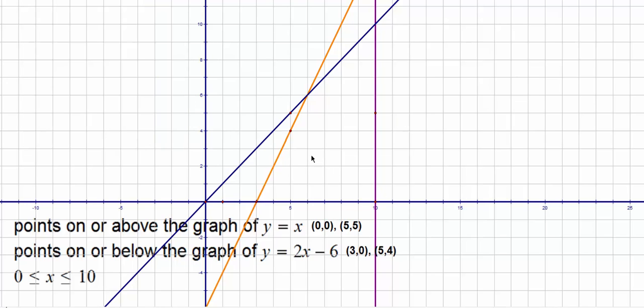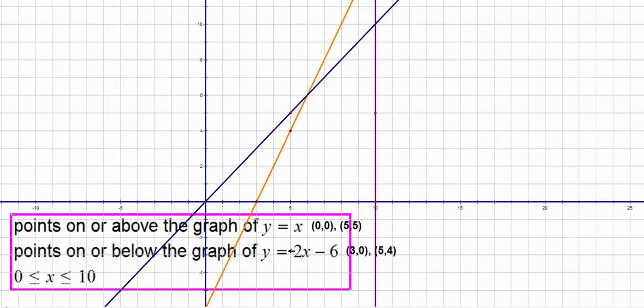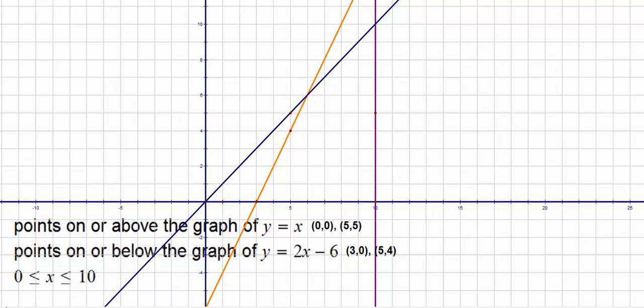All right. So we needed points on or above this line, then on or below this line, right? And then between the y-axis and this one. So we'll have to look at a little bigger window. How about this?